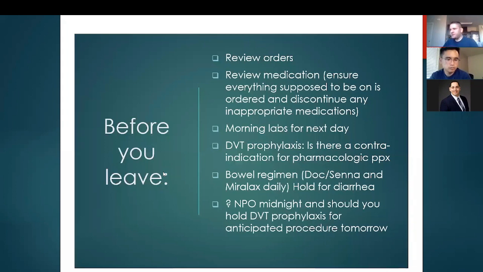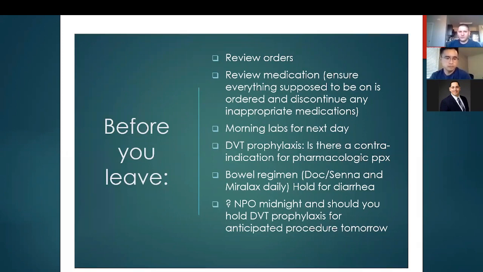These are the things, a kind of checklist, that you need to check before you go home at the end of the day. So you're going to review your orders and make sure your orders are done. Usually you don't have many, usually 2, 3 orders per patient. Then you're going to review medications. If he's septic, make sure he is already on antibiotics.